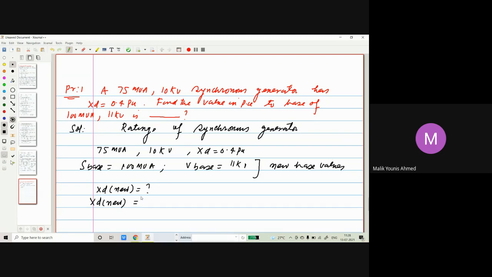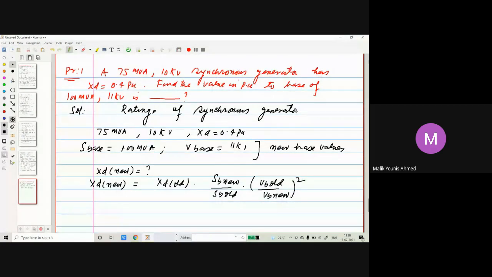That will be the same formula: XD old multiplied by SB new divided by SB old, multiplied by VB old divided by VB new, whole square. This is the formula you have to remember. We derived it in terms of Z, and we can extend it to X.